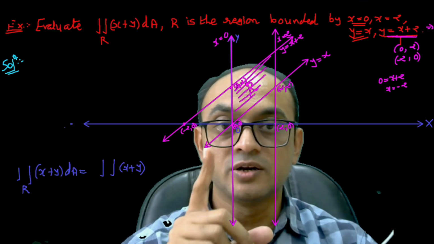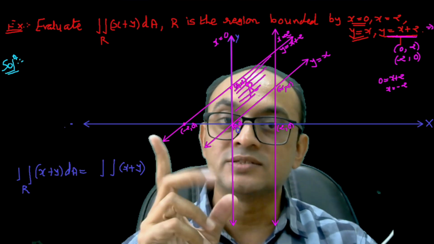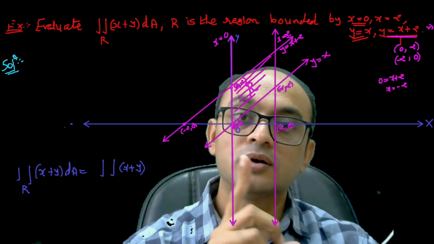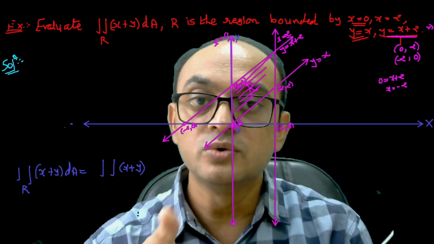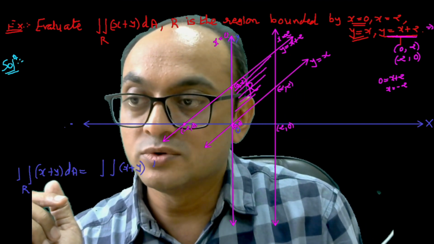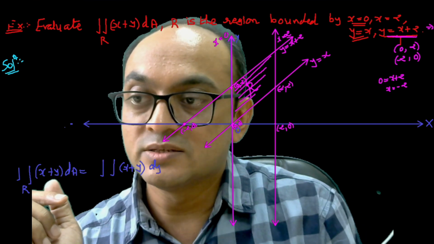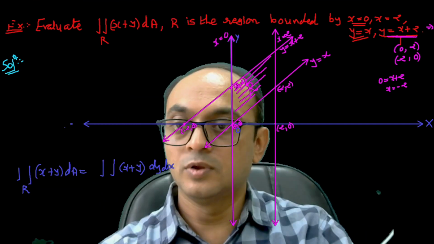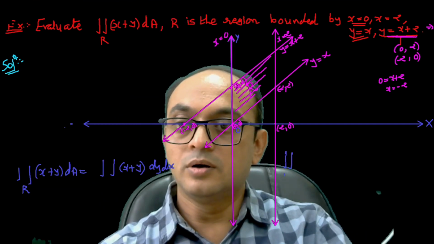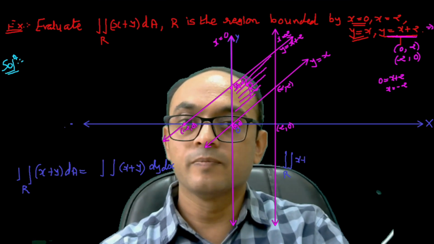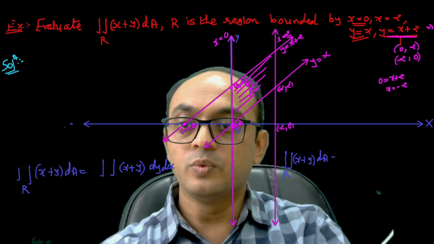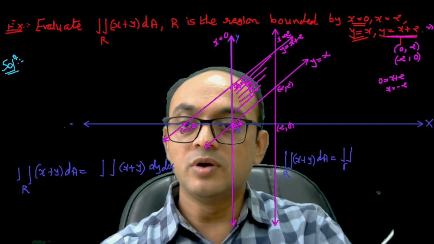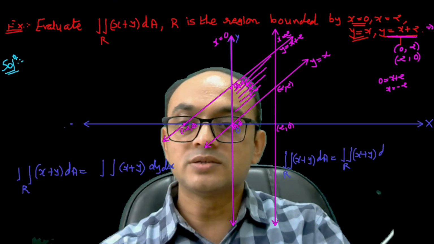We have two cases here. You can write dA as either dy dx or dx dy. So first of all I am writing dy dx. Double integration over R of x plus y dA, which is equal to double integration over R of x plus y dx dy.